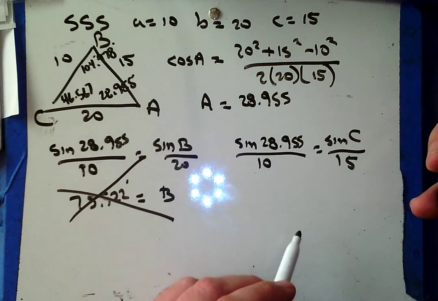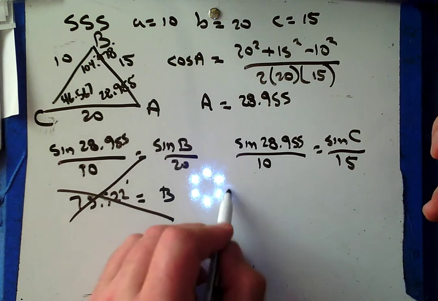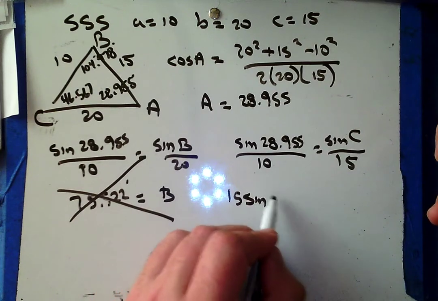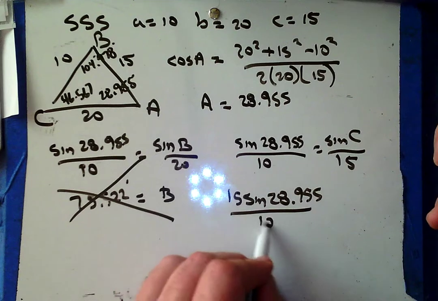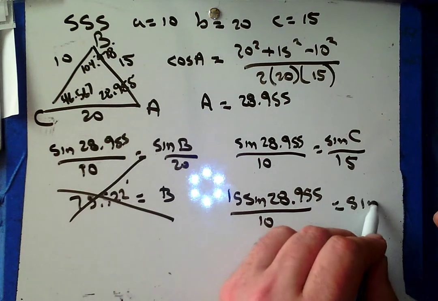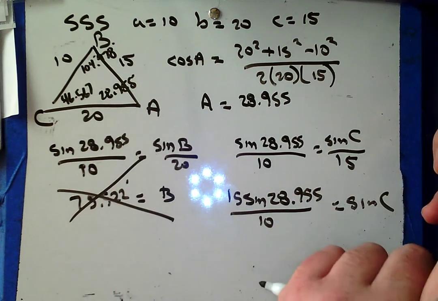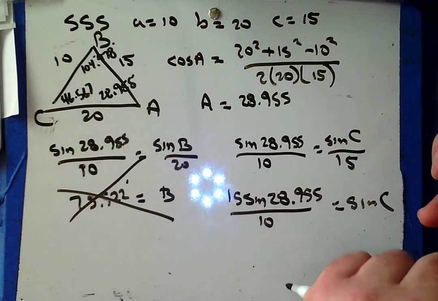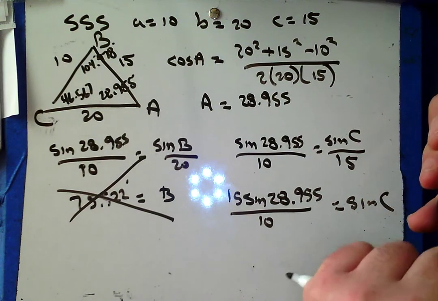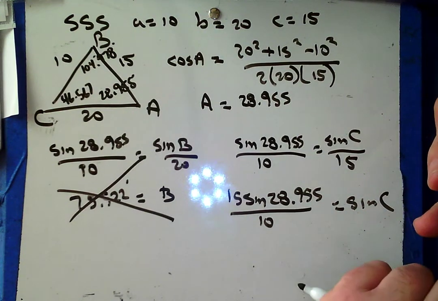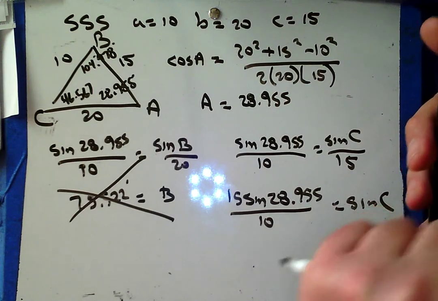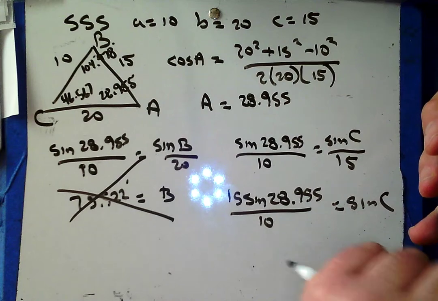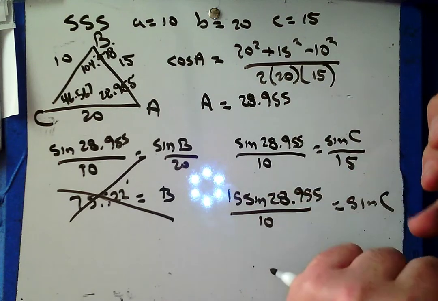What if I had found this one first? Okay, so then that would be 15 sine 28.955 over 10 equals sine of C. So we could do 15 sine 28.955 divided by 10. Oops, that's a 15 on top. And don't forget the inverse sine of that.